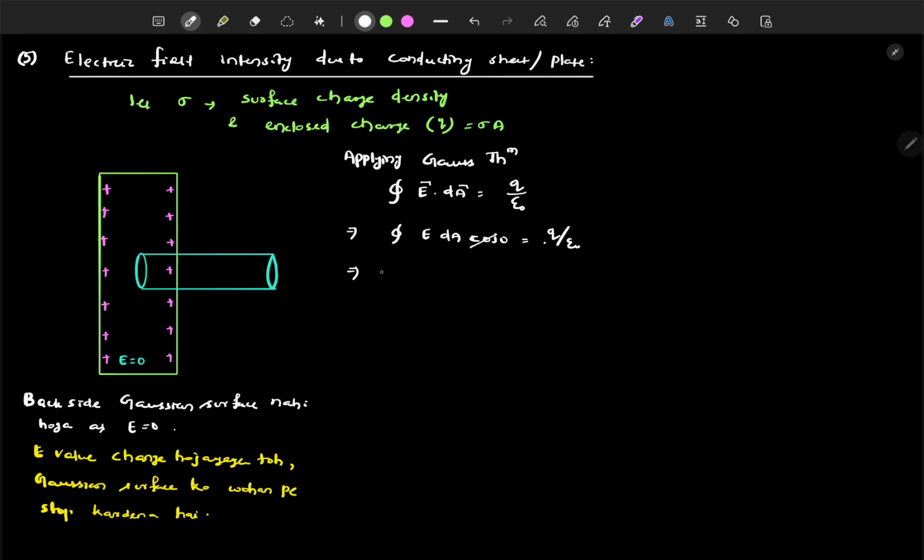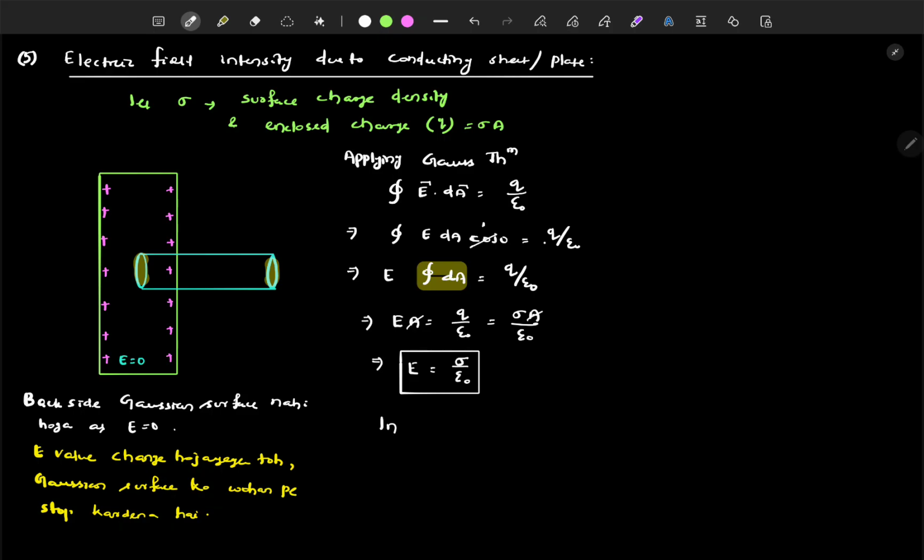Cos 0 is 1, so take E outside, then closed integral dA, which is the area A, so E into A is equal to Q by epsilon naught, and Q is equal to sigma A. After solving you will get E equals sigma by epsilon naught.